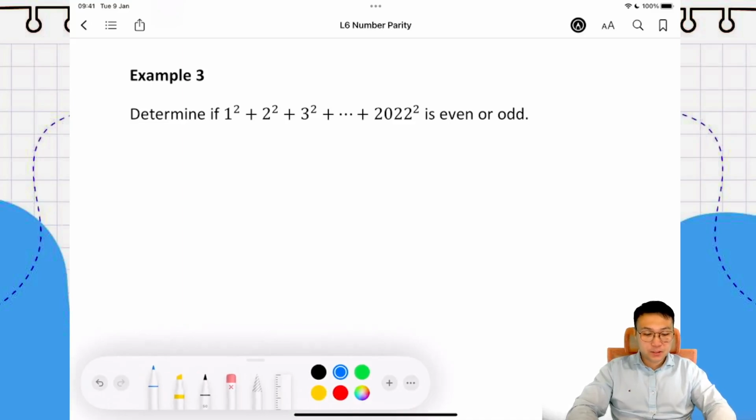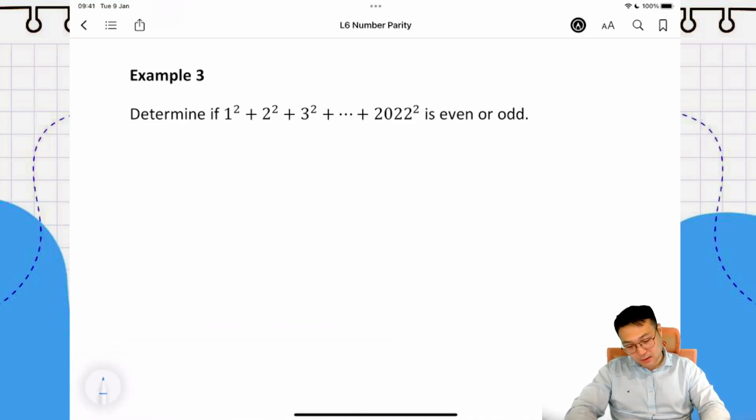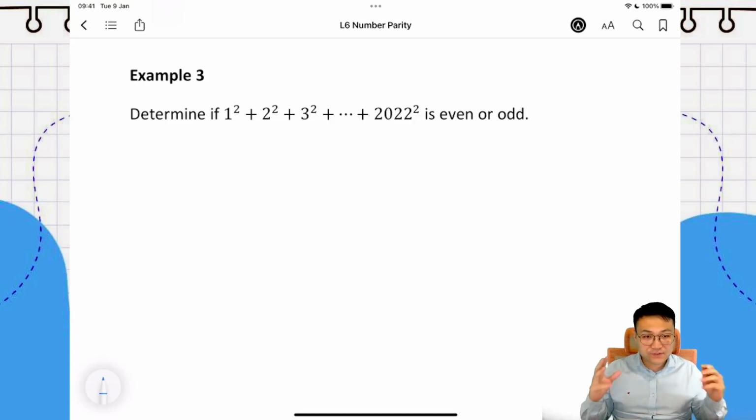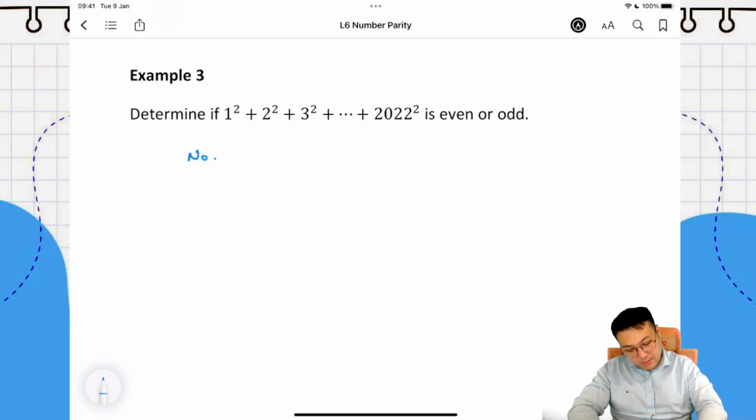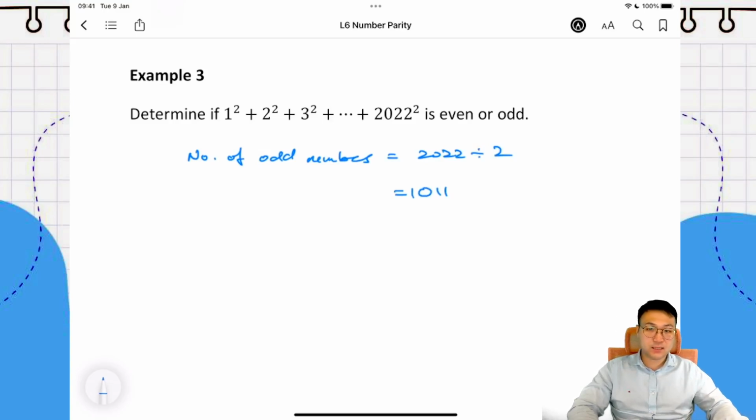Firstly, we know that from 1 to 2022, half of the terms are going to be odd. Half of them are going to be even. So let's find out how many odd numbers there are. Just divide by 2 and you get 1011.